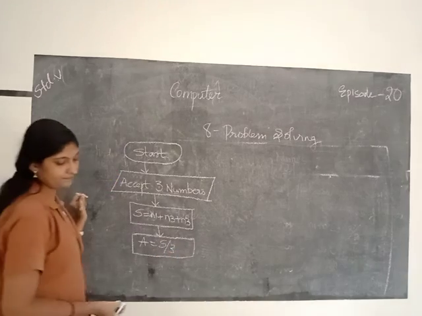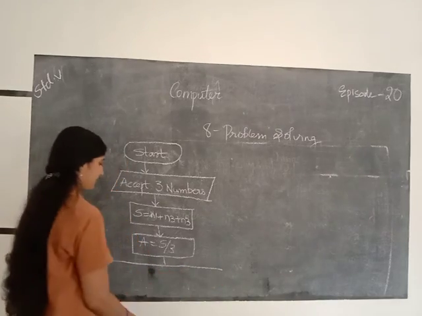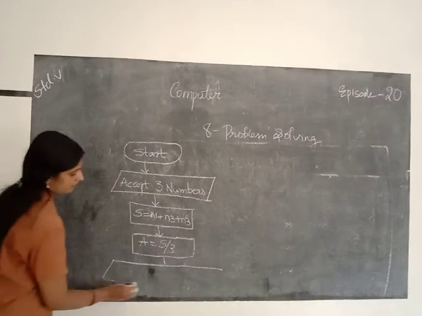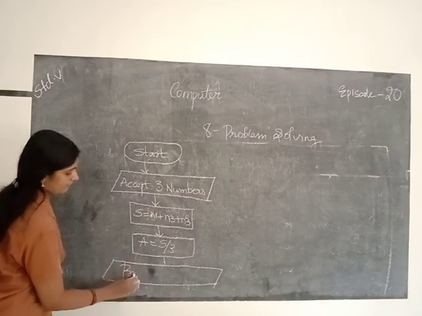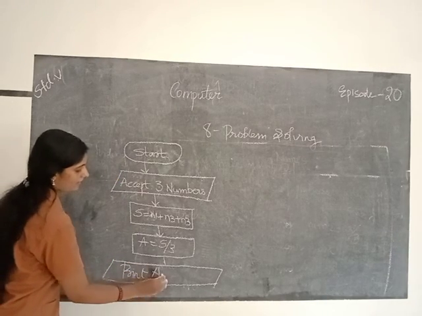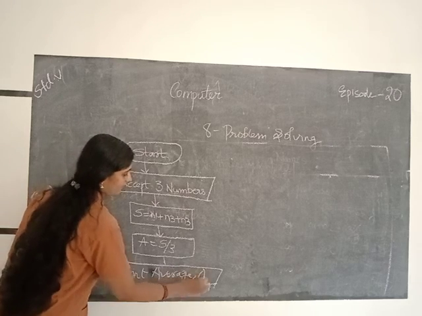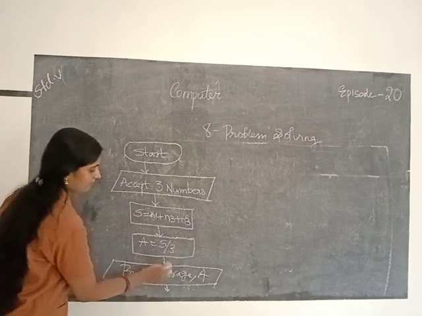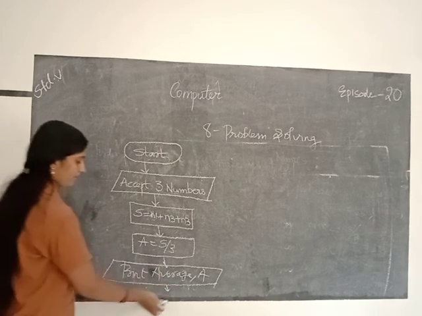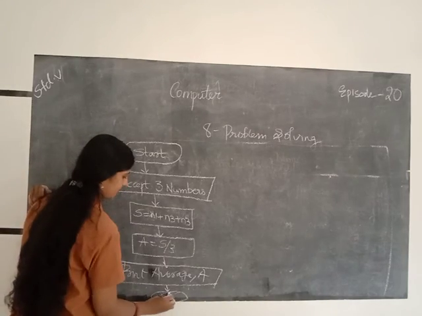Then next, print the average. So here is the printing statement. Print average, comma, A. Then stop the program. So here draw a terminal box and then write stop.